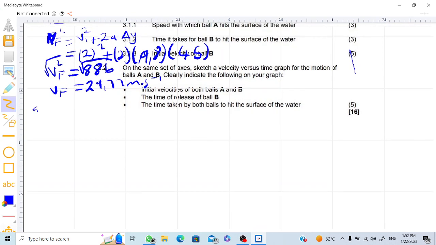Okay, now we have VF, which is equal to VI plus a delta t. Now you got this formula from the back of your question paper. As it is, you'll get a mark for writing it, including the other formula you wrote there.